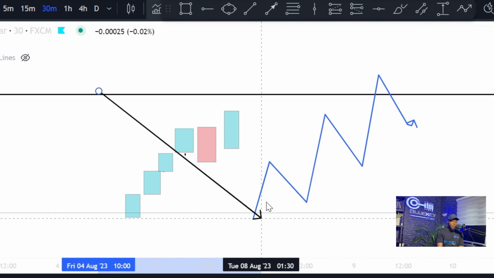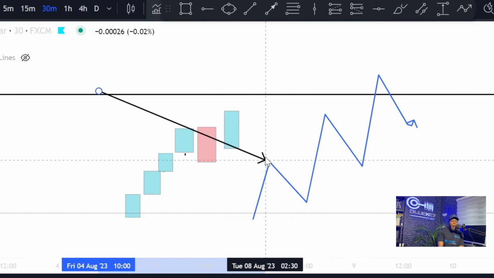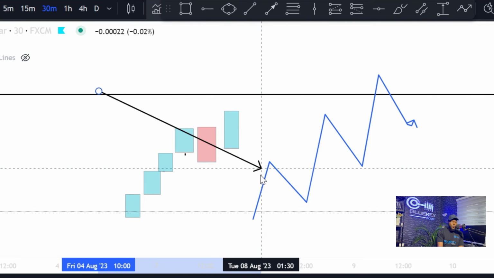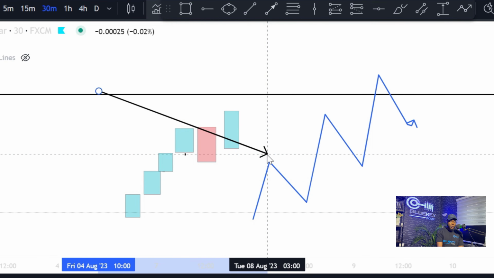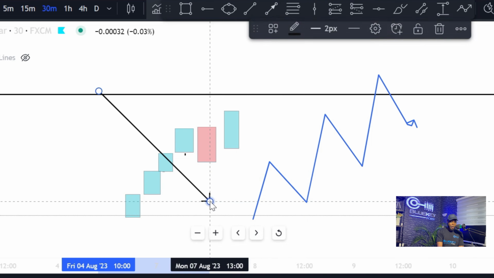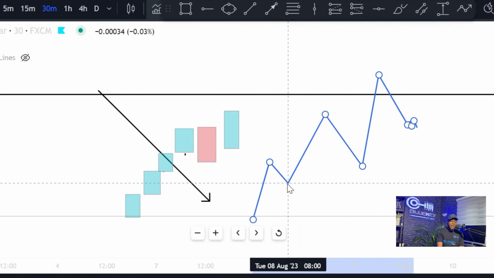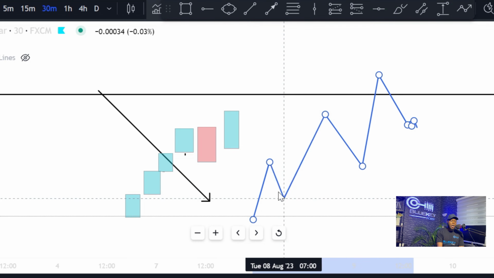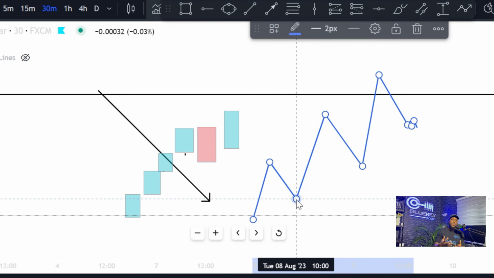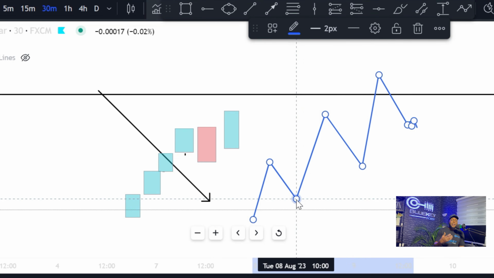So you can see that this particular movement is all one impulsive move, and within this impulsive move we have several pullbacks. Now correction, on the other hand, this right here, is actually meant to take out those pullbacks, those liquidities that the pullback has created, because this market is obviously moved by liquidity, and the big guys, the banks, the hedge funds and so on, are always after liquidity in the market.